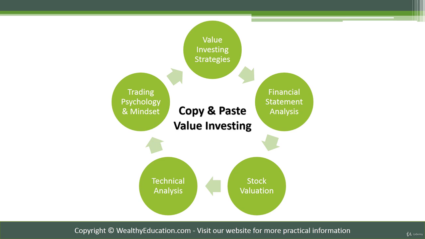At least you should master how to use the discounted free cash flow model, so you can project future cash flows of a company and estimate its intrinsic value. And when you're done with the intrinsic value, things will become much easier. Your next step is to use technical analysis to determine the best time to buy and sell your stocks.